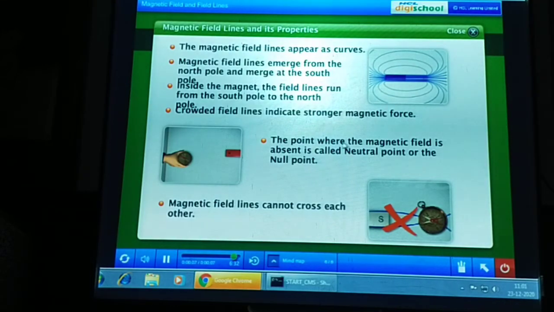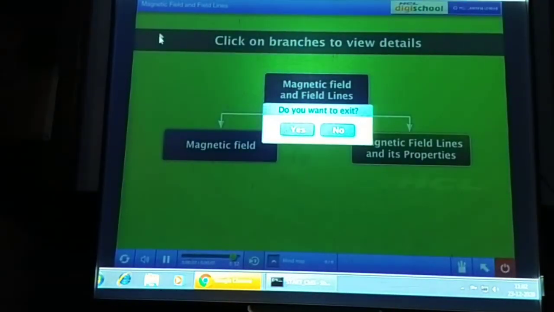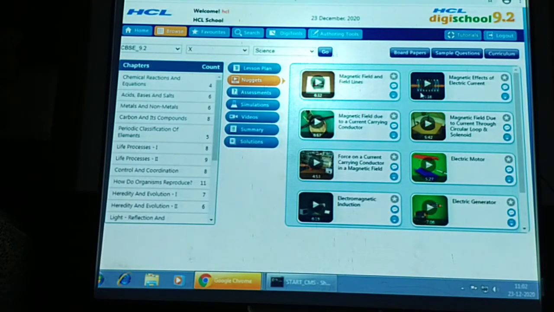The point where the magnetic field is absent is called neutral or a null point. Magnetic field lines cannot cross each other. Okay. Next time, magnetic effects of electric current.